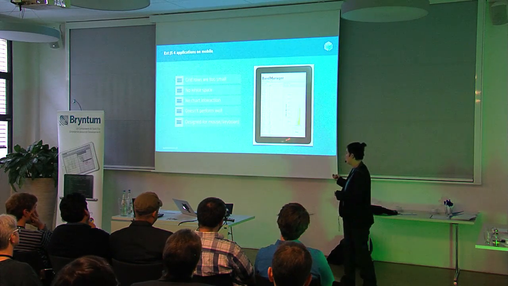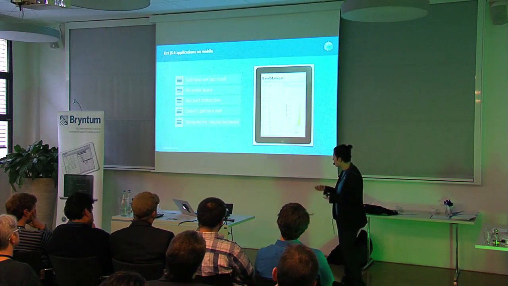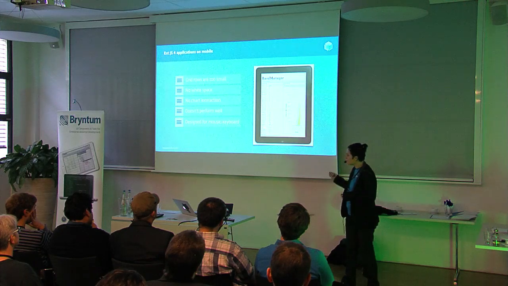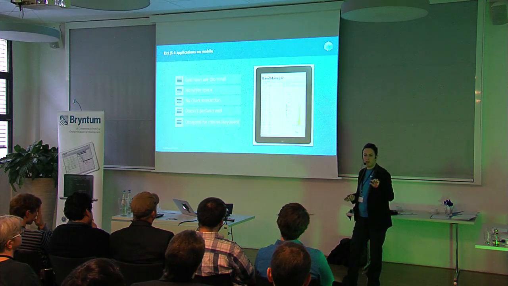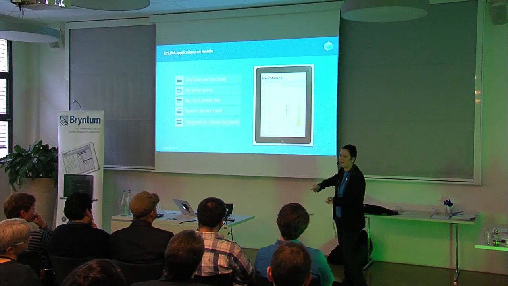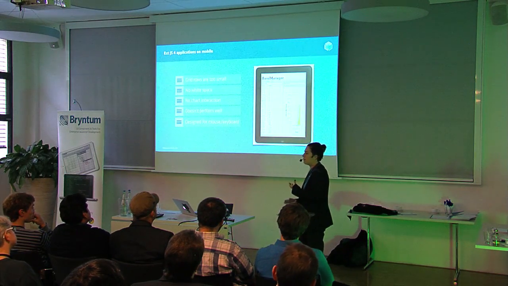If you take a look at this picture here, it's a bit fuzzy, but it gives you the idea anyway. These grid rows are too small. We call that fatty fingers, right? You tap something and you mistap. How many of you have experienced that before?